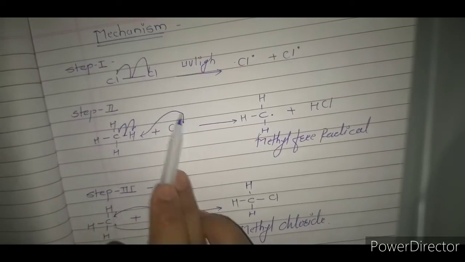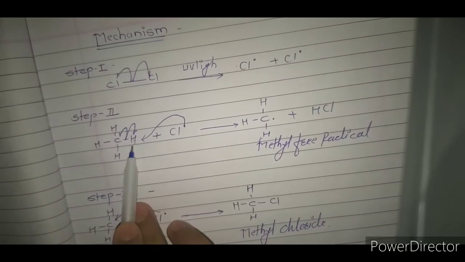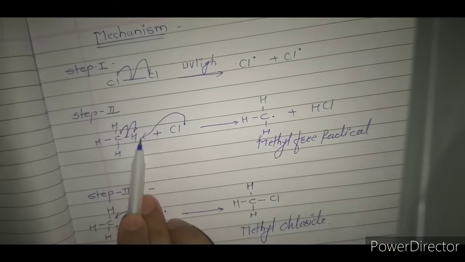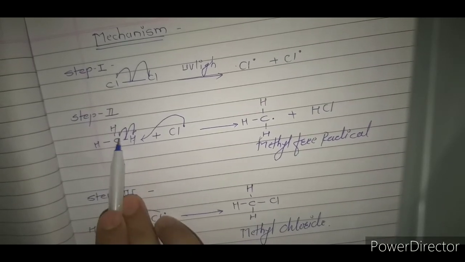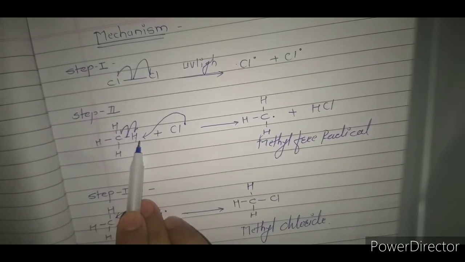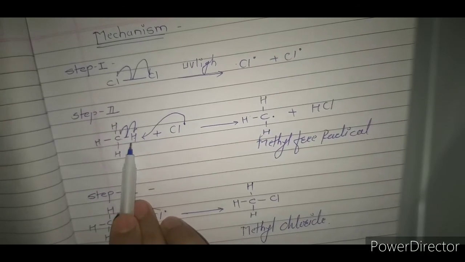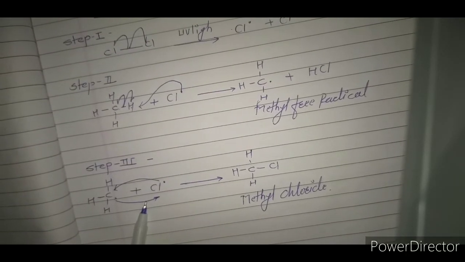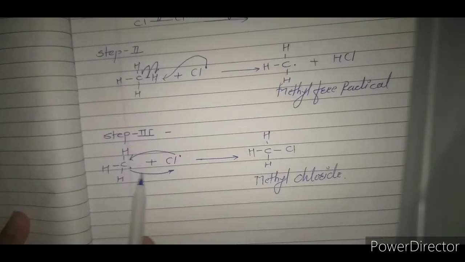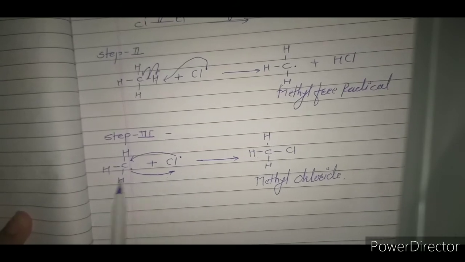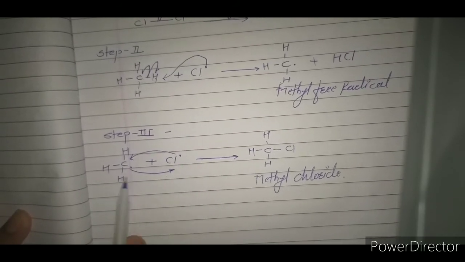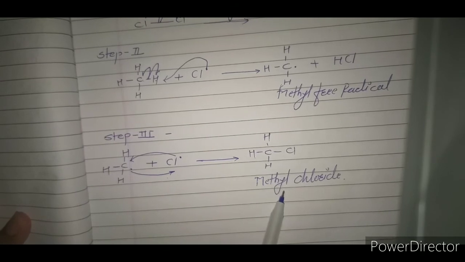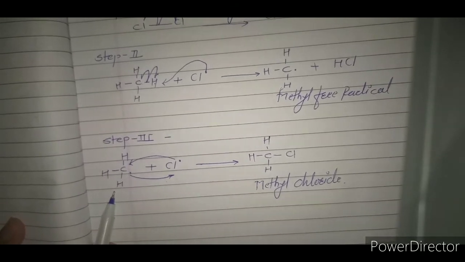In second step, this chlorine free radical attacks or abstracts proton from methane molecule, and homolytic fission of carbon and hydrogen bond of methane takes place and forms methyl free radical. Next step, what happened in next step? The methyl free radical and chlorine free radical react and form methyl chloride. Thank you.